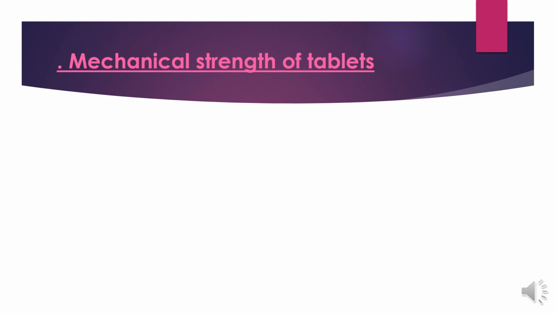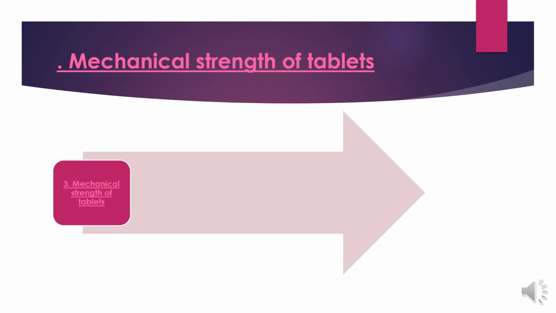Third test we have is the mechanical strength of tablets. It says it provides a measure of bonding potential of material. Whatever the test we are checking, that shows the measure of bonding potential of material, how much the compressed tablet material is capable of holding the material together and not breaking down into any particles or pieces.